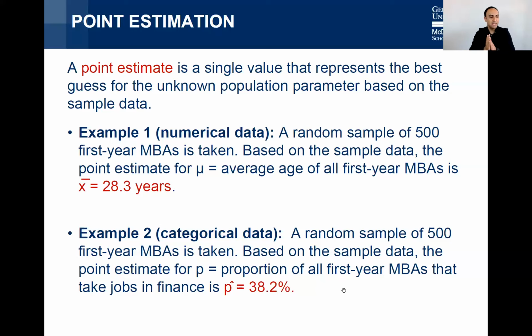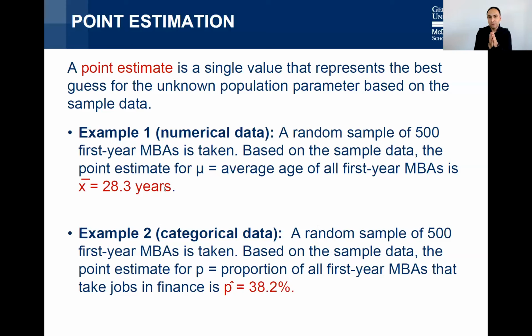So what is a point estimate for that sample statistic? A point estimate is a single value that represents the best guess for the unknown population parameter based on the sample data. Let's look at two examples. For numerical data, assume a random sample of 500 first-year MBAs is taken. Based on the sample data, the point estimate for mu, the population average age of all first-year MBAs, is X bar, 28.3.